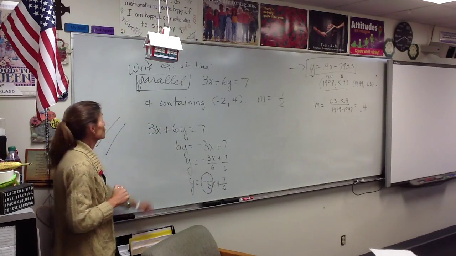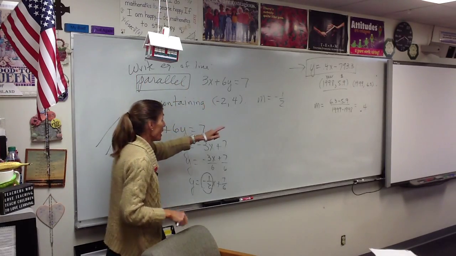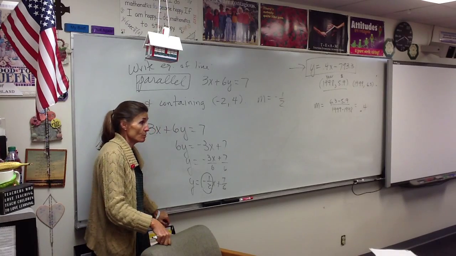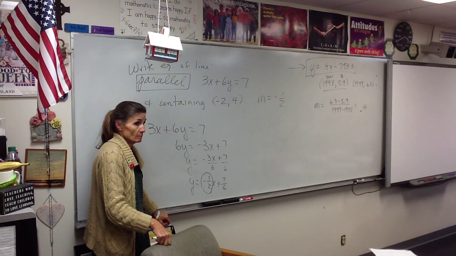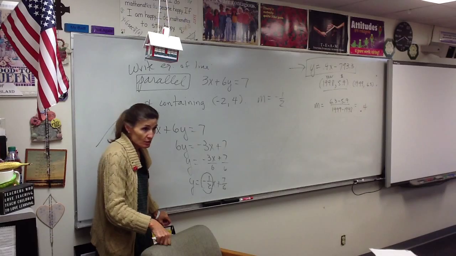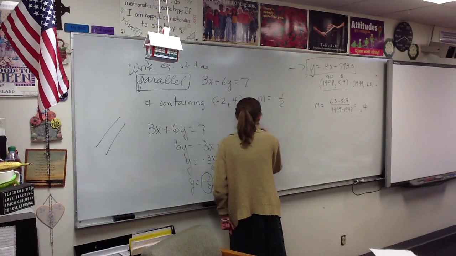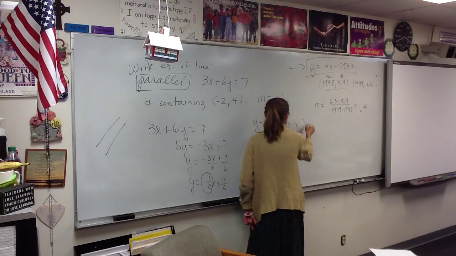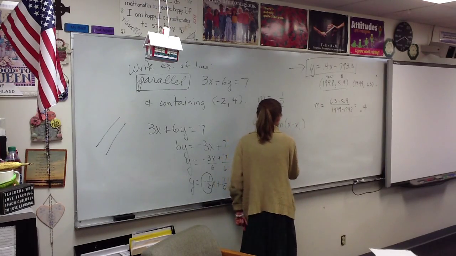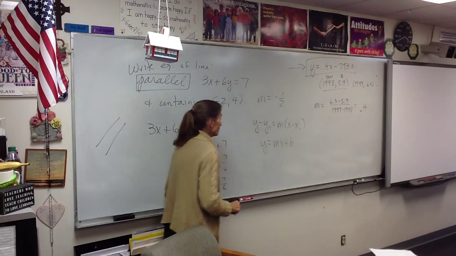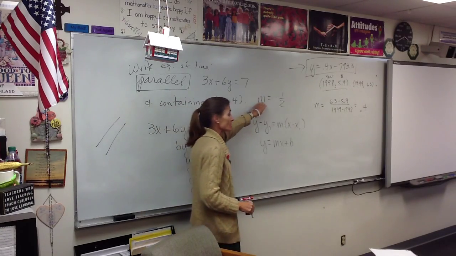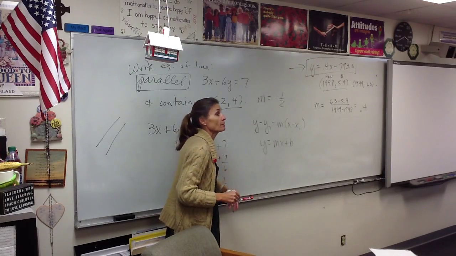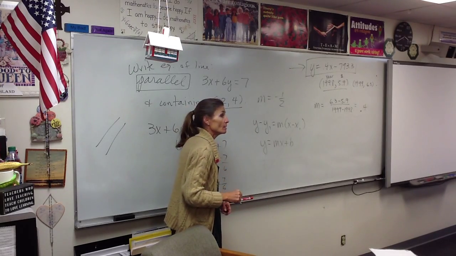Now your job is to write the equation of the line. You have figured out what the slope is. What do you do now? You pick how you want to do it. Either do point-slope form or slope-intercept form. So Trey, which way do you want to do it? We know we got a slope and we got this point. Which method do you like best? You like this.